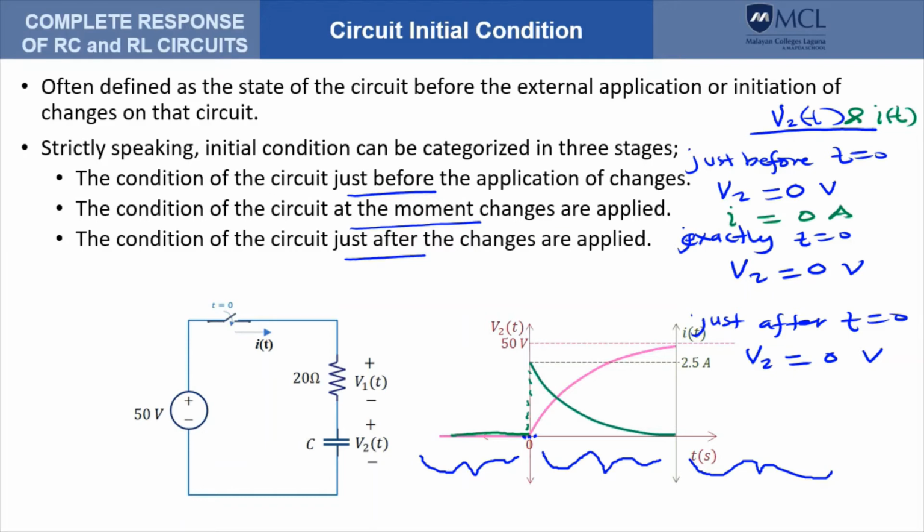So meaning at exactly t equals 0, the current abruptly changes to 2.5 amperes. And just after t equals 0, it is somewhere here, we get I still equal to 2.5 amperes.